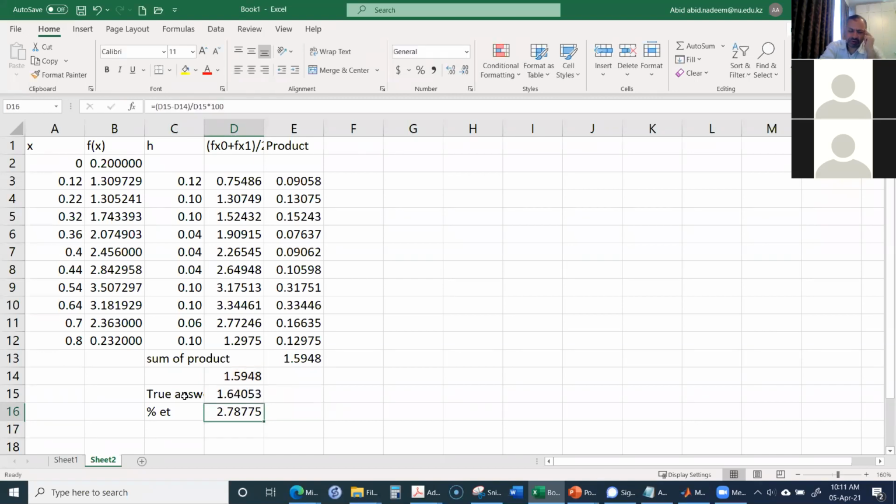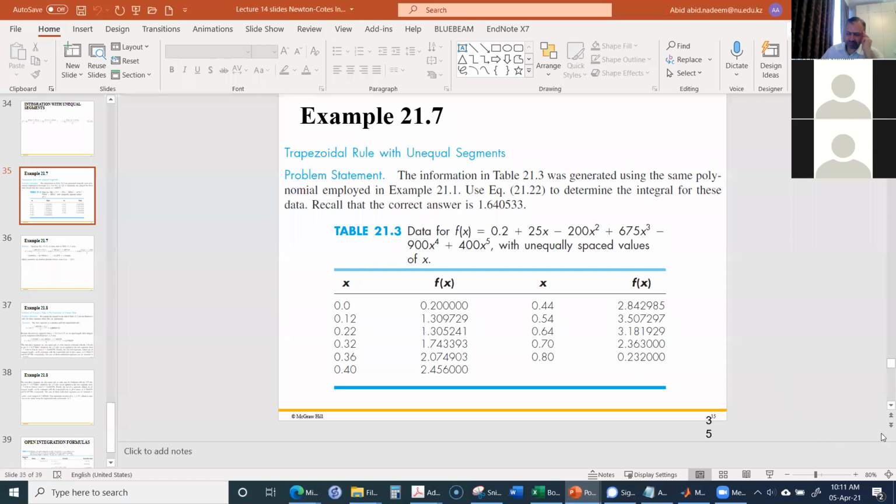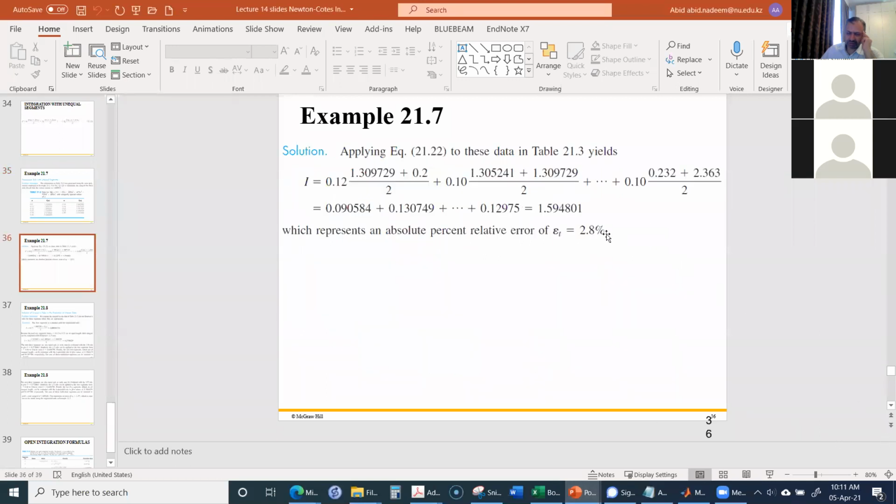So it will be 2.78% in this case, 2.78% error. Yeah, 2.78 is the same as 2.8% in approximate terms. So this is how you deal with the unequal segments.